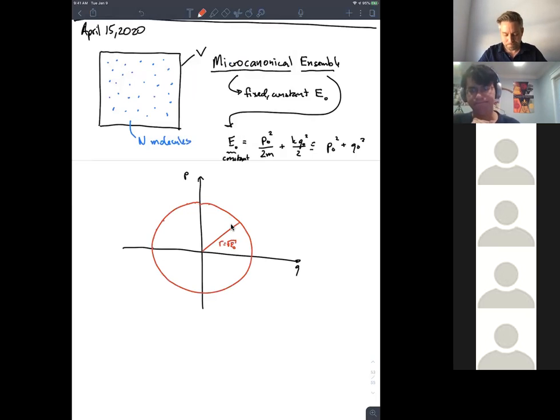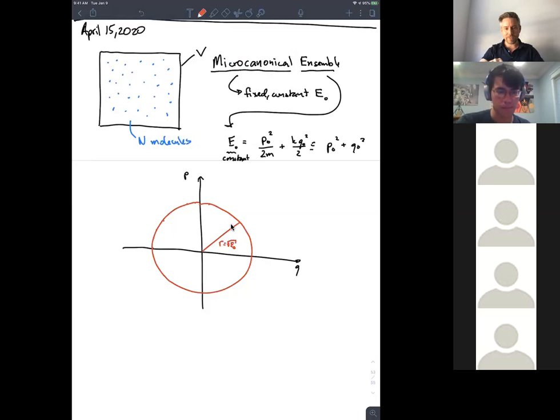With the assumption that the probability of finding the system in one of these states is a function of the energy, which is a fundamental assumption we're going to make, then because all of these states have the same energy, they should all be equally likely.